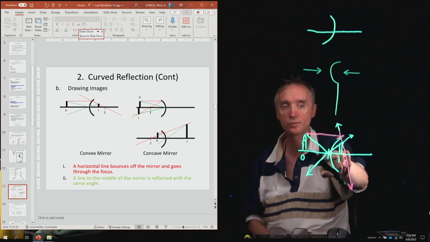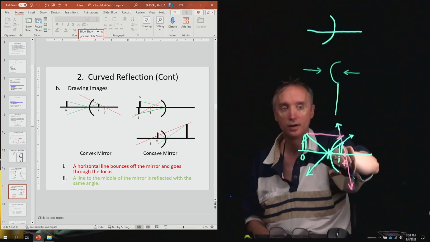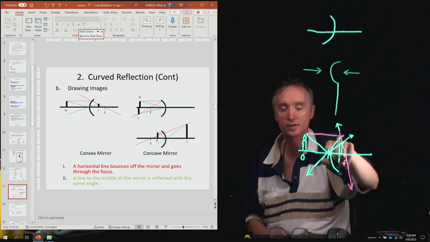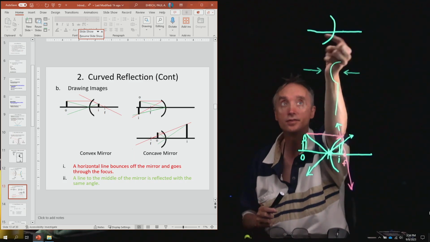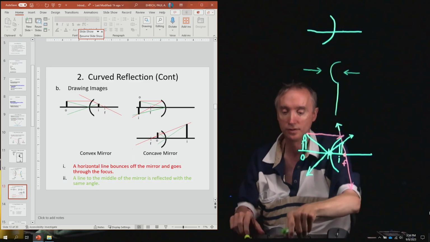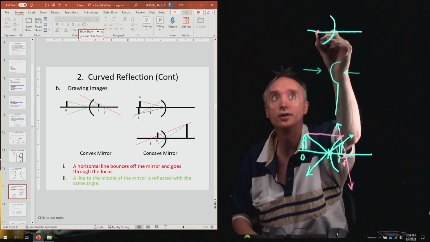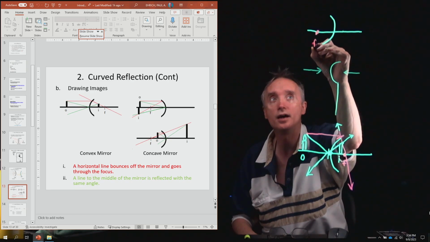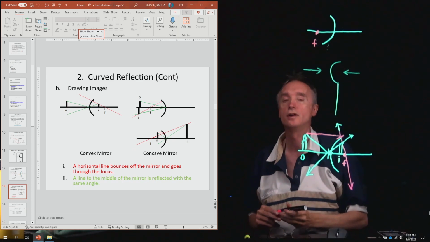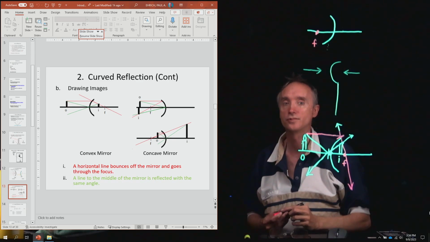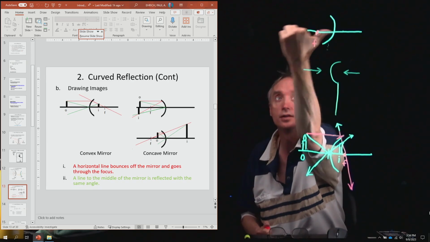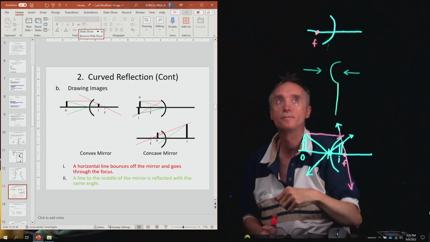The focus was on this side of the convex mirror. So the focus this time is going to be on this side over here. So let me just go ahead and put a dot over here, and that's going to be F. That's my focus for the concave mirror. So remember, the light is coming in this direction.